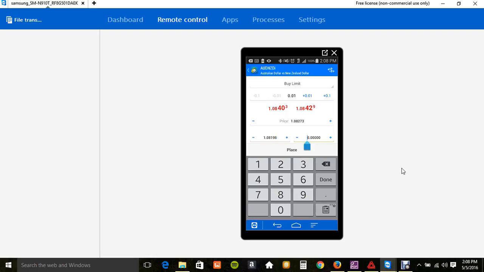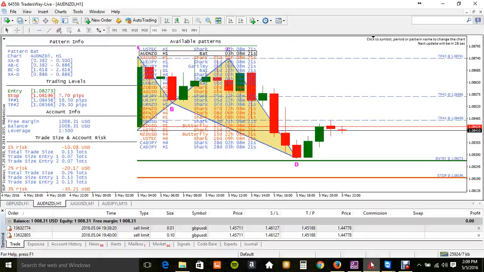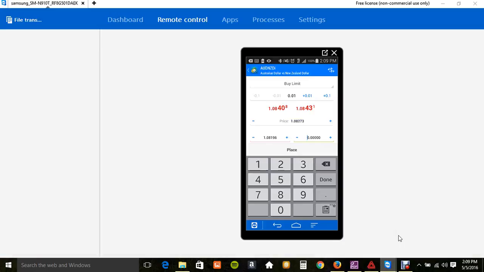Take profit is going to be, well, I'll tell you what, I don't have the TP. Let's go back over here to the TP real quickly. That's 1.08458. Okay.